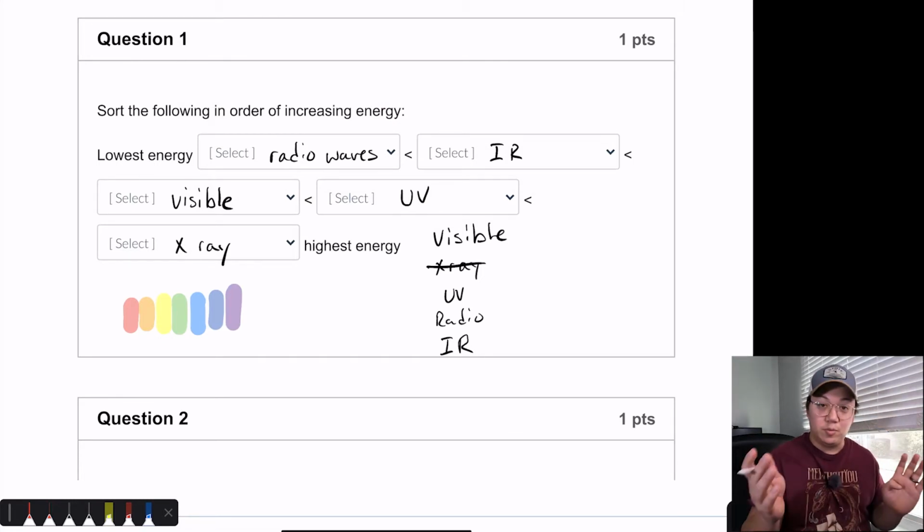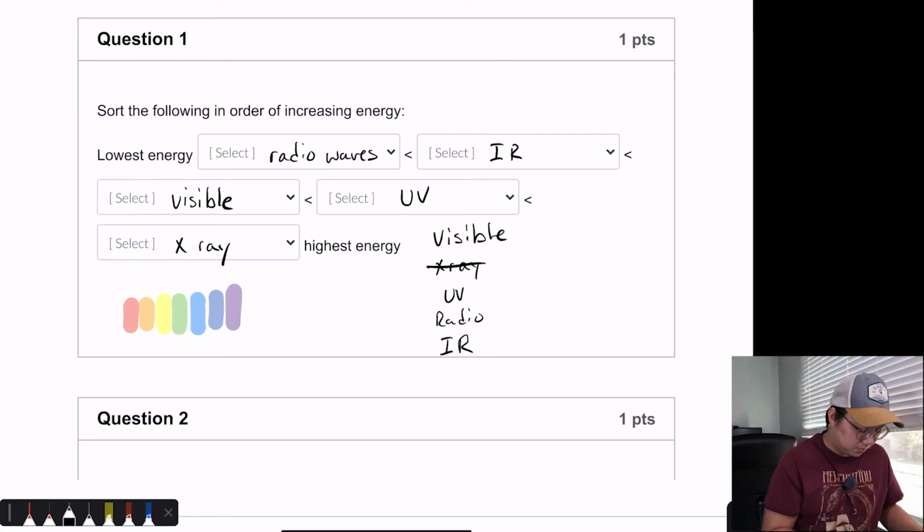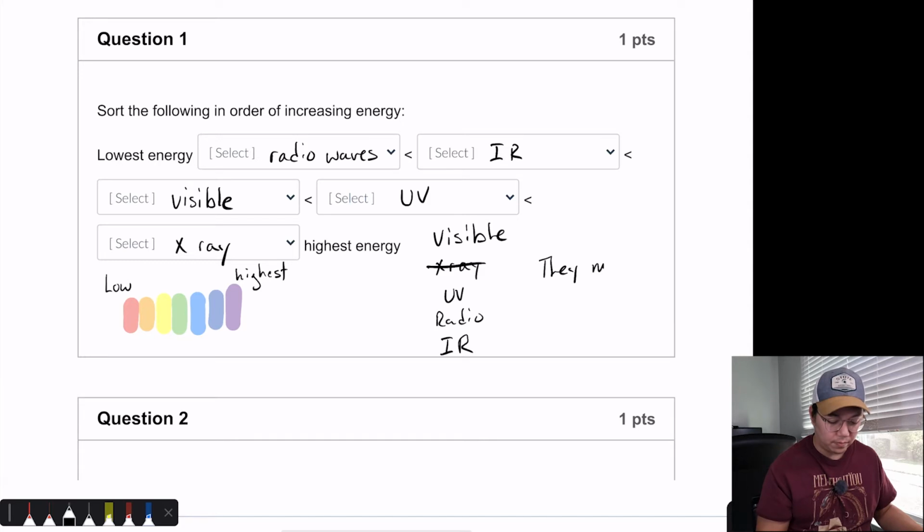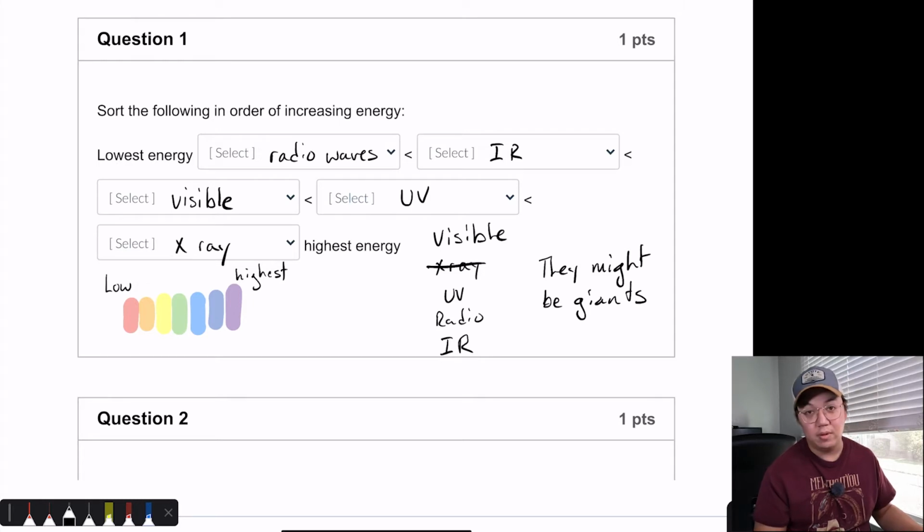So that Roy G. Biv spectrum goes from lowest energy to highest energy. There's actually a great YouTube video, or a music video actually, by They Might Be Giants, called Roy G. Biv. They have a whole series of fun videos about science.